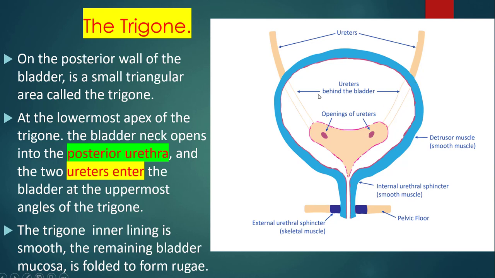The remaining bladder muscle is folded to form rugae. This portion of the bladder is smooth and the remaining wall of the bladder is rugae. That's why it can be differentiated from the remaining muscle of the urinary bladder by its smooth appearance.